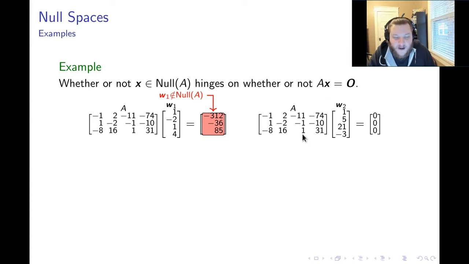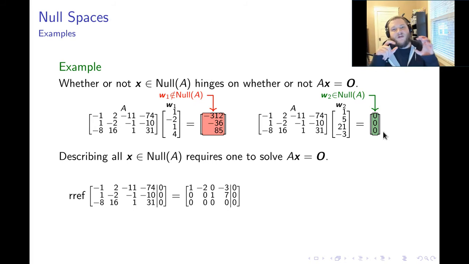On the other hand, over here, we have that same 3x4 matrix and another vector W2. This vector belongs to R4, where 4 is the number of columns of the matrix. When we multiply A by W2, we produce the zero vector. So W2 does belong to the null space.